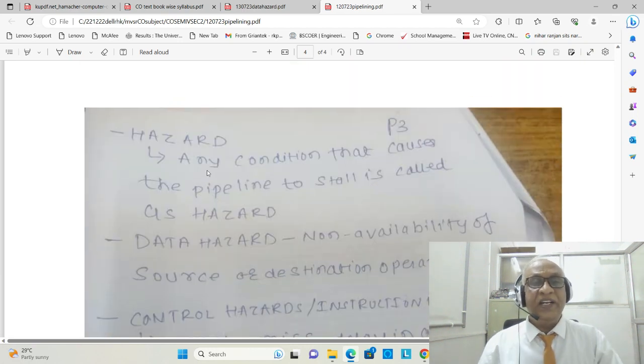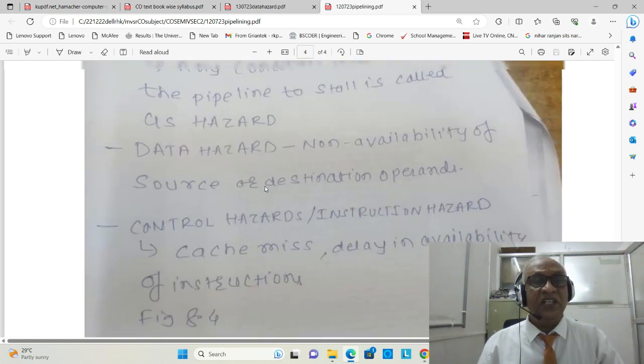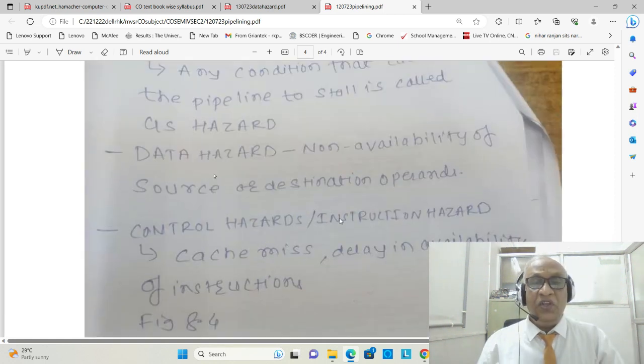Hazard means stalling of pipelining because of delays. What are the kinds of hazards? You have data hazard, and you have control or instruction hazard. Data hazard indicates non-availability of source and destination operands, while instruction or control hazard indicates delay in availability of instructions because of cache miss.